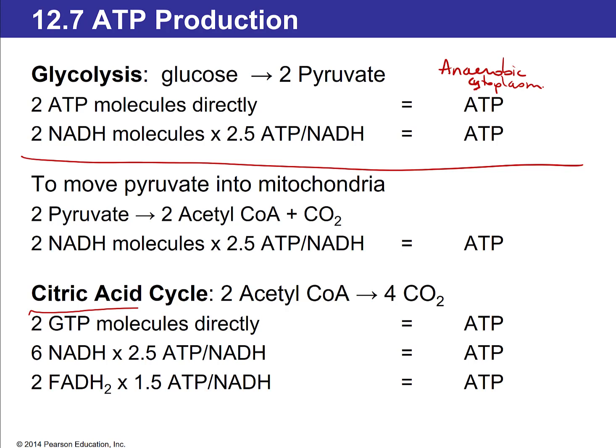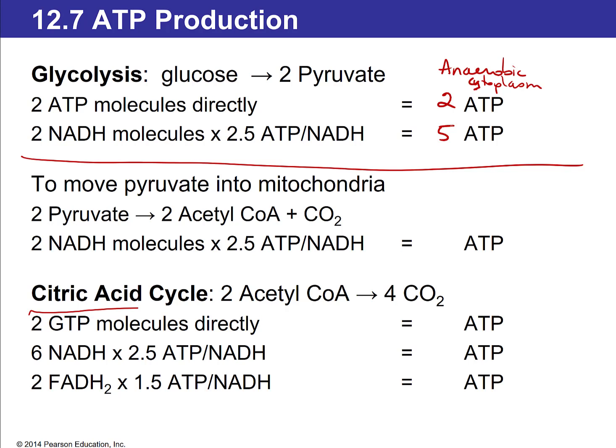We make 2 ATPs directly, because we put in 4, but we get 2 out. We said we make 2 NADH molecules in glycolysis. Each one can then be used to generate 2.5 ATPs in electron transport. So that would be what? 5. So glycolysis, if we can do it aerobically, we can end up with 7 ATPs in glycolysis.